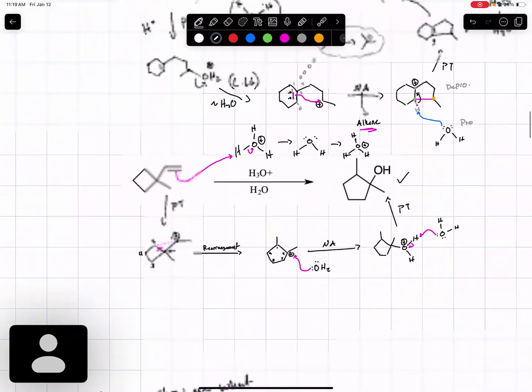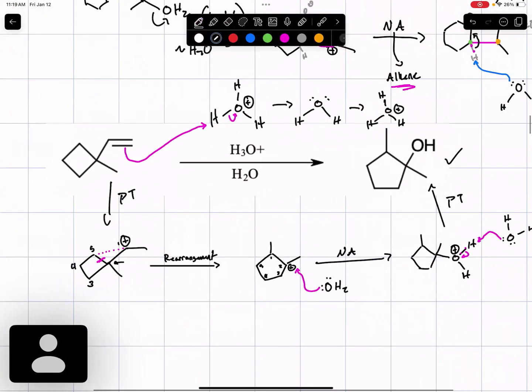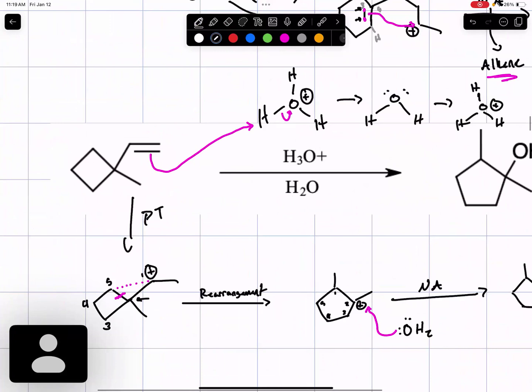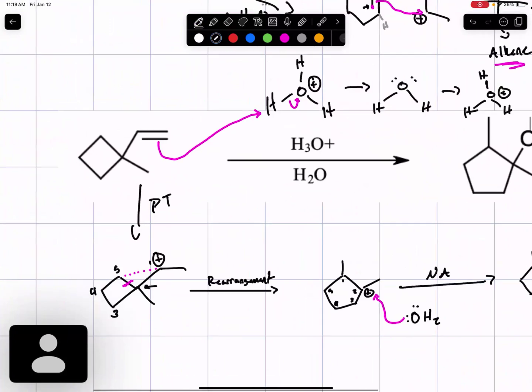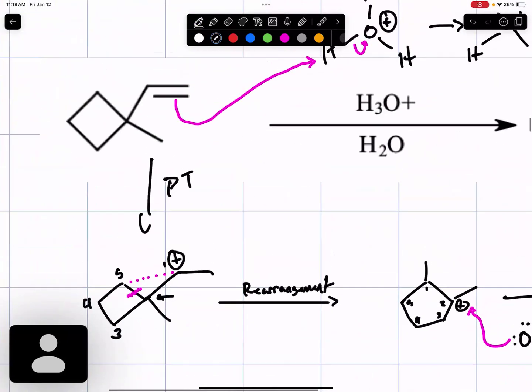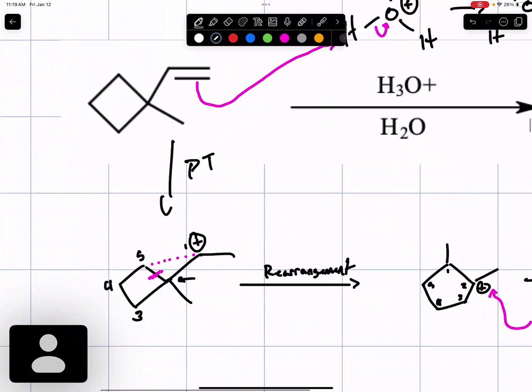Did that make sense? We did a proton transfer, which seemed like a nucleophilic attack because we were saturating the alkene. The alkene picked up a hydrogen in this first position rather than the second position, because if we did it in the second position, we would form an unstable primary carbocation.